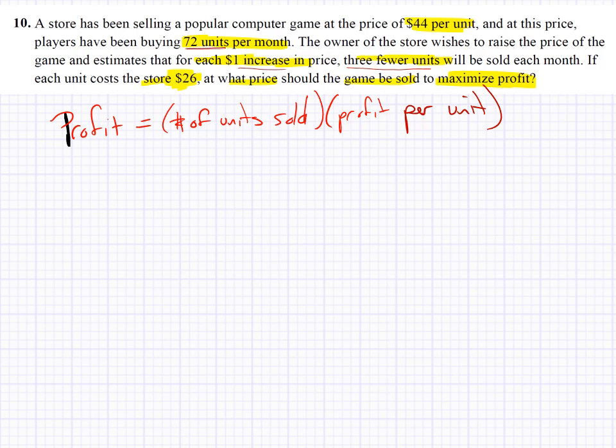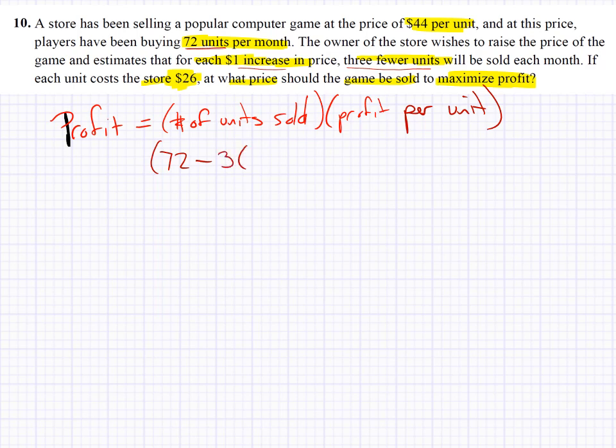So it's not going to be 72 units every month. Every time they increase it, it's going to go down by 3. So we start off with 72. Then we're going to subtract off of that. We know it's going to be 3 fewer for every dollar increase.